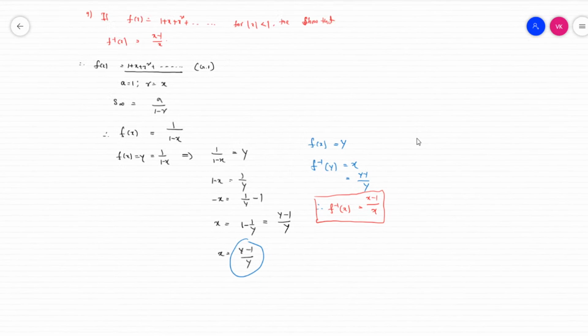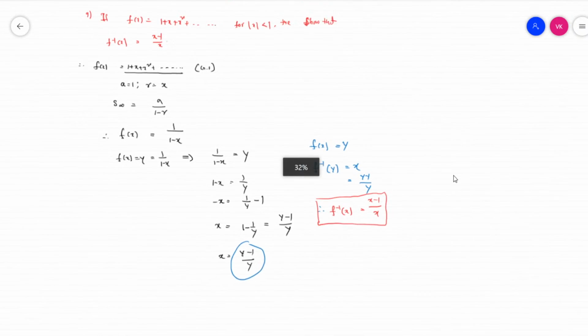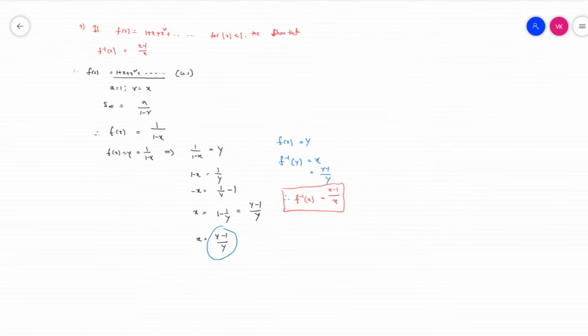And in this section there is only one question remaining, the last question and the most important question for the IPE. So let's go for that.